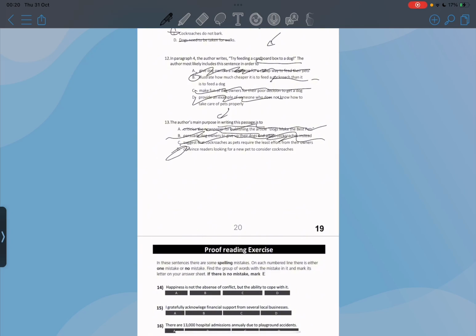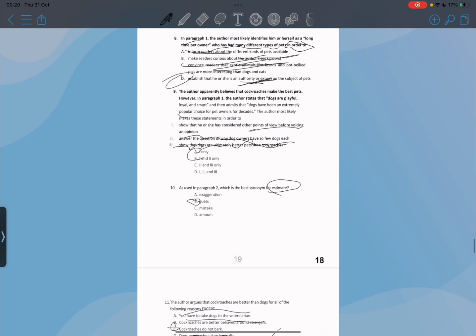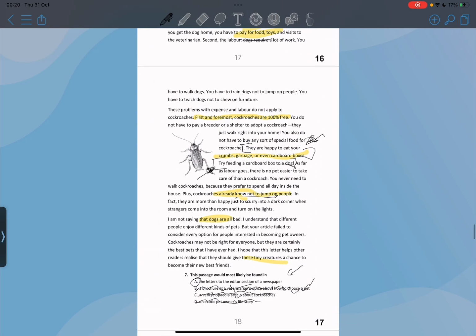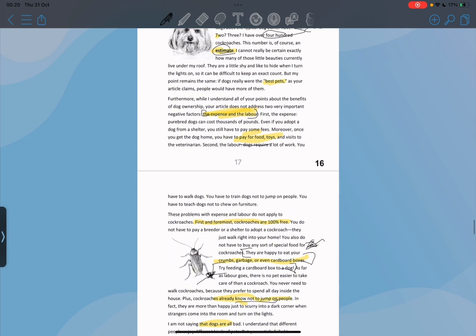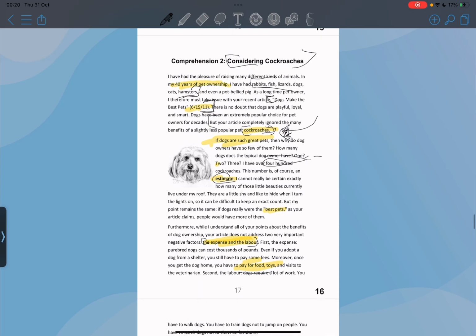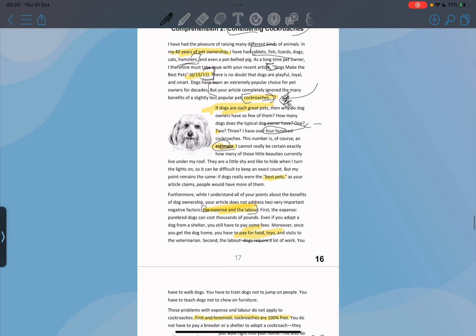And although this is a joke, right? I think you can sort of guess that maybe what he's trying to say in a deeper sense is he's actually listing out all of the issues that come with buying a pet, right?